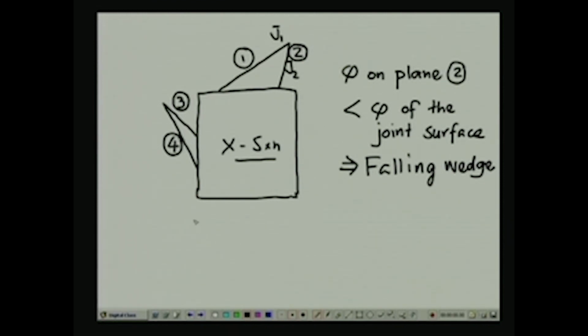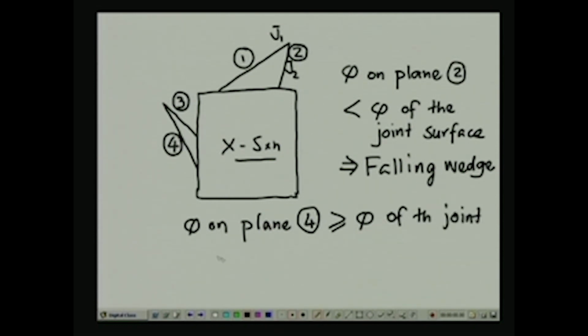Here, if we have phi on plane 4 greater than or equal to phi of the joint surface, which could be different from the phi on joint J2, then we are going to have no problem.